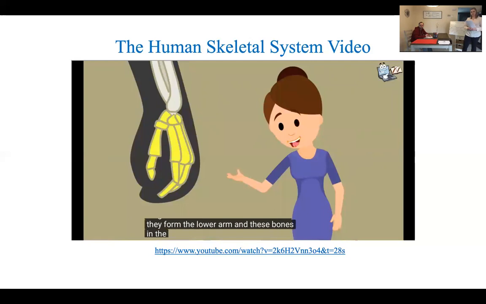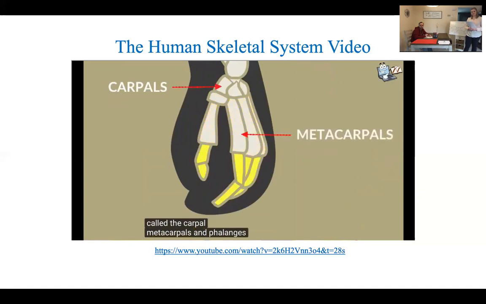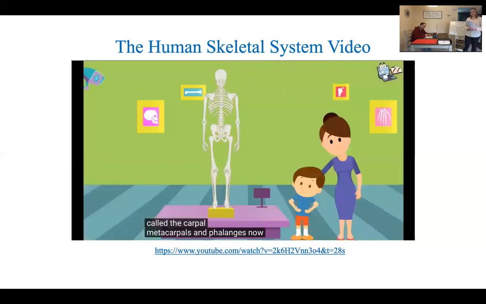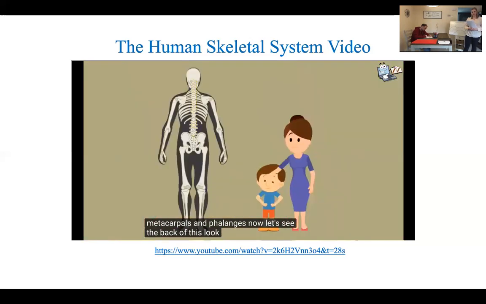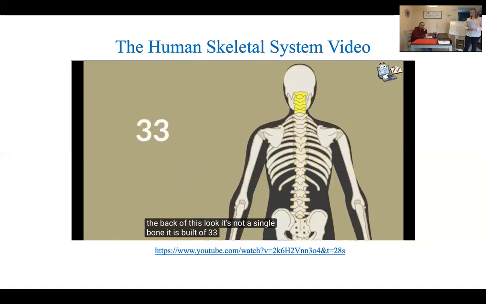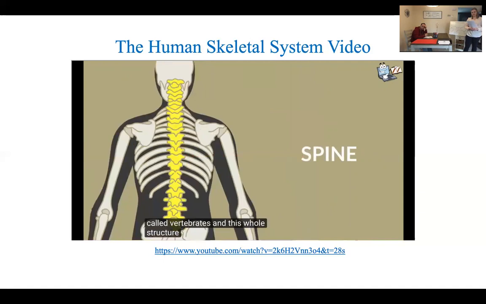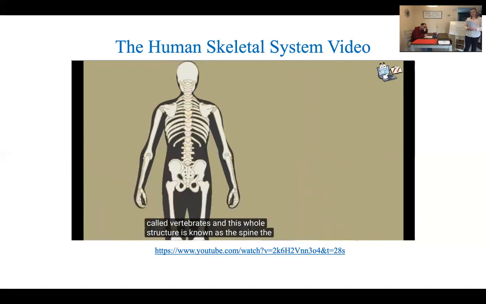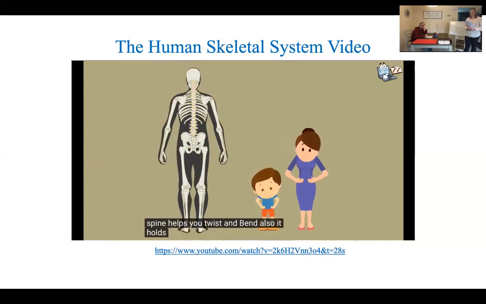And these bones in the palms, these over here, are called the carpals, metacarpals, and phalanges. Now, let's see the back of this. Look, it's not a single bone. It is built of 33 small bones called vertebrae. And this whole structure is known as the spine. The spine helps you twist and bend. Also, it holds our body upright.